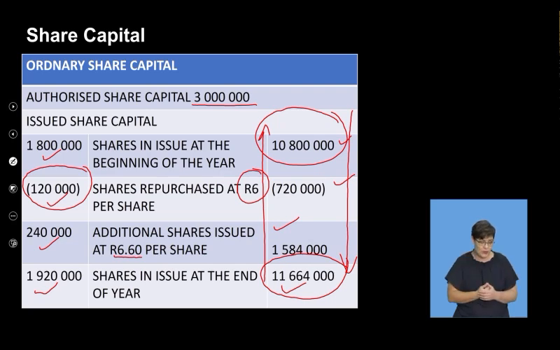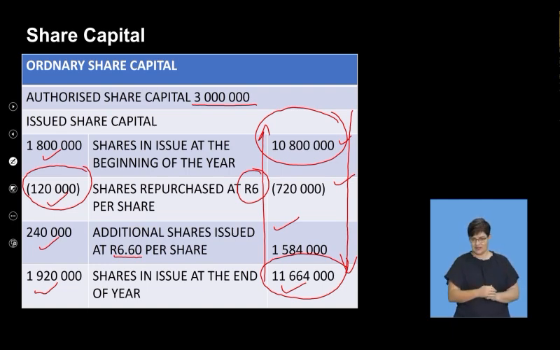However, if the question had said that these shares do qualify for the final dividend, then obviously you cannot use the 1,920,000. It will be the 1,920,000 plus the 120,000 shares, because these shares that were bought back qualified for the dividends.